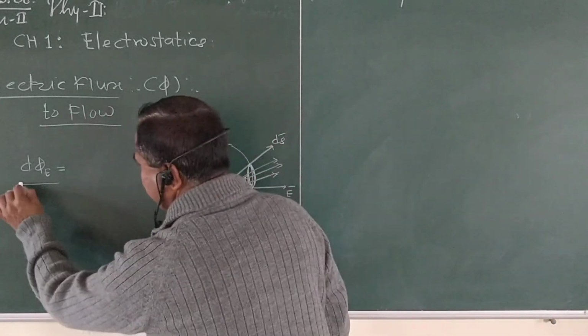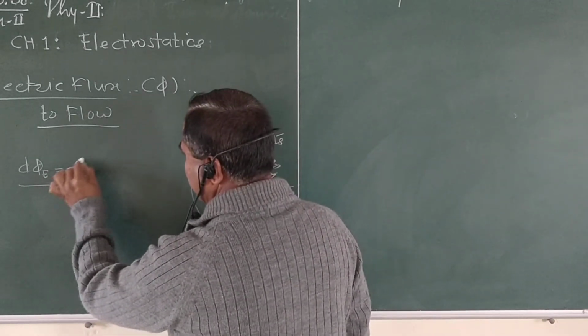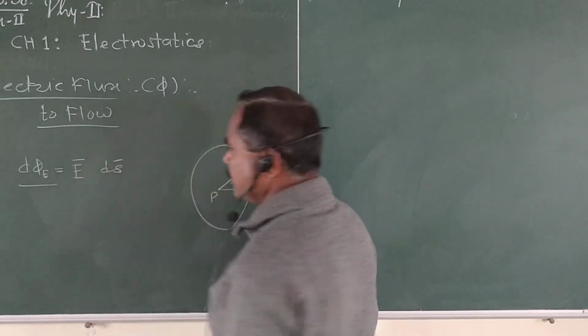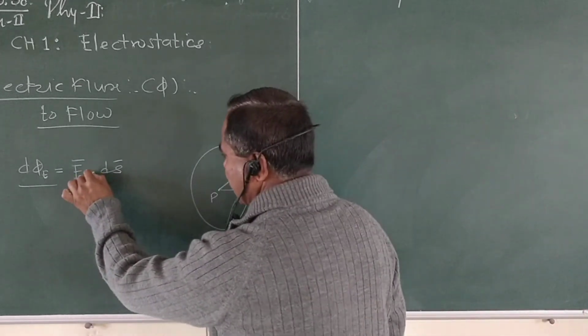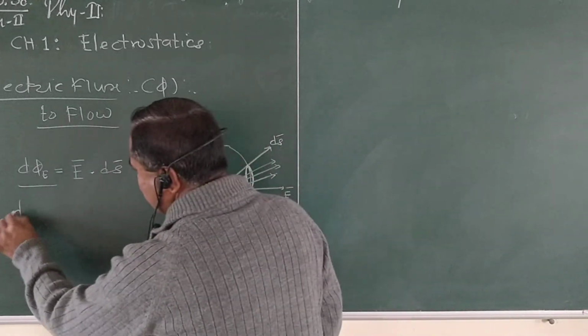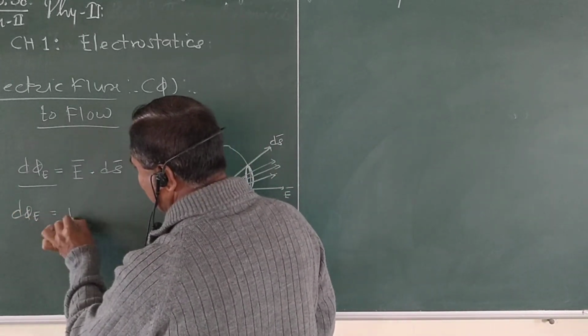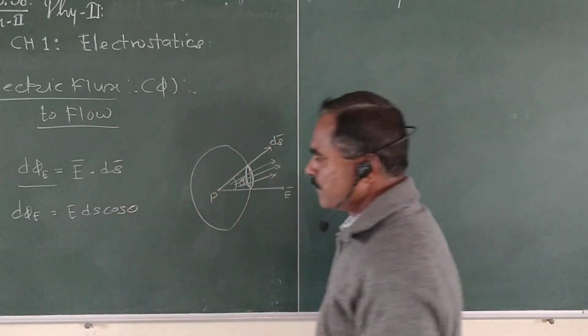So d phi e equal to E bar dot ds bar. This is equal to E ds cos theta.